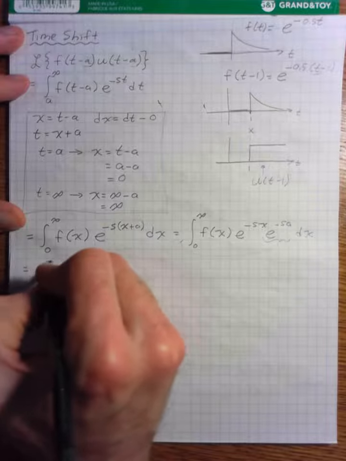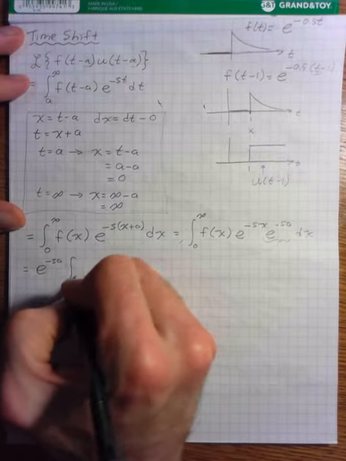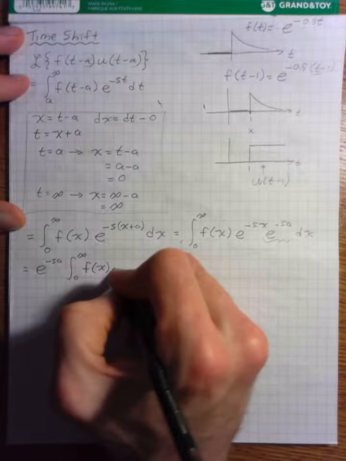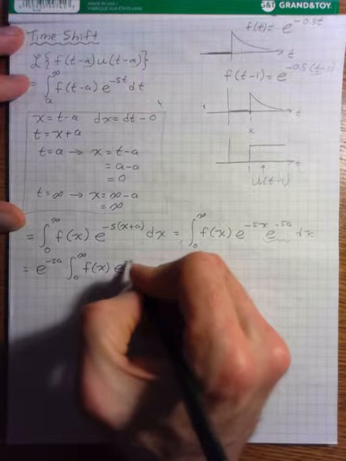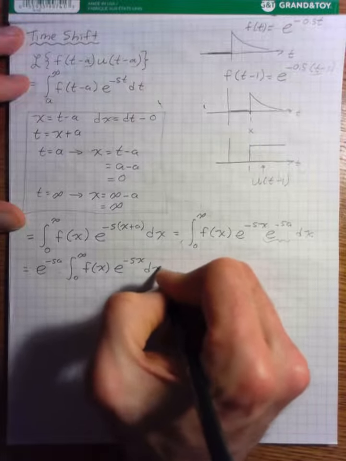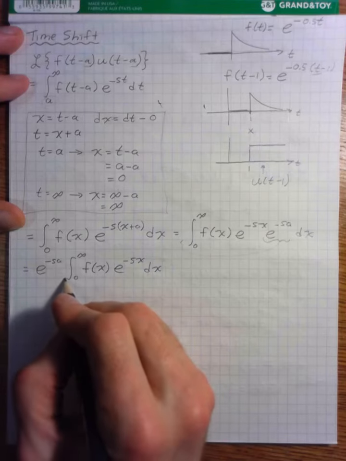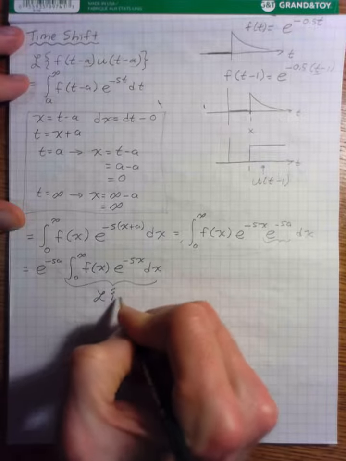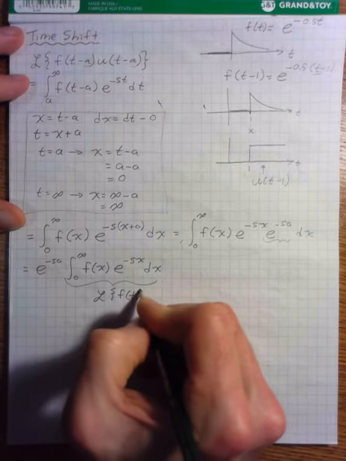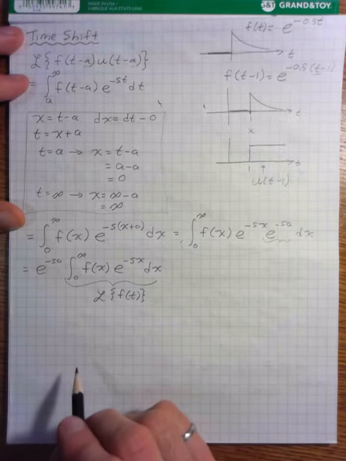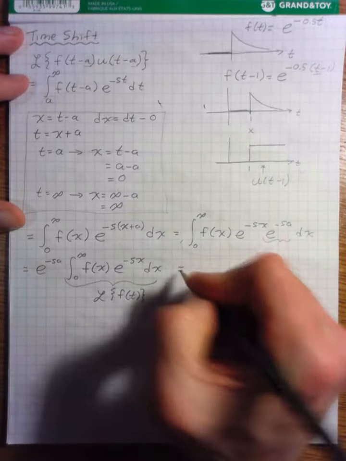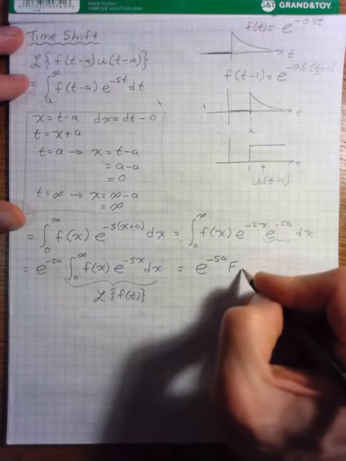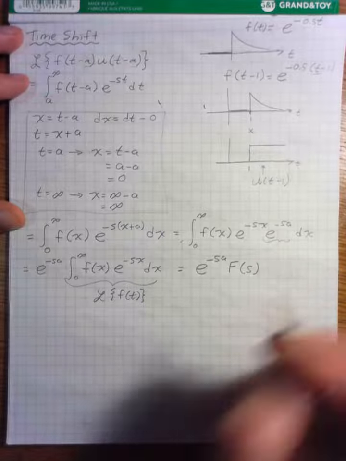We have e to the minus sa multiplied by the integral from 0 to infinity, f of x, e to the minus sx dx. However, this is just the Laplace transform of f of t, where we've just replaced t with x everywhere. And so what this ends up being is e to the minus sa times the Laplace transform of our function.